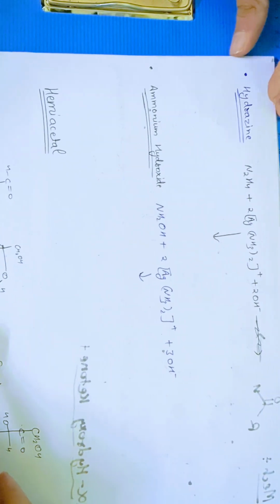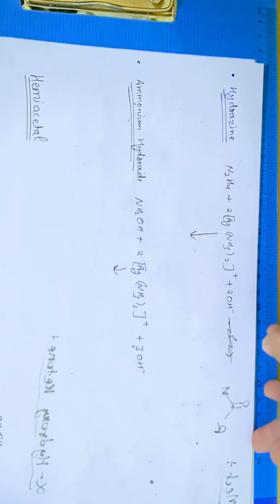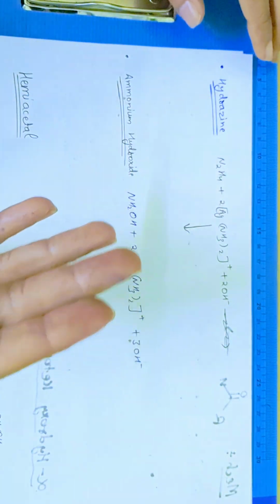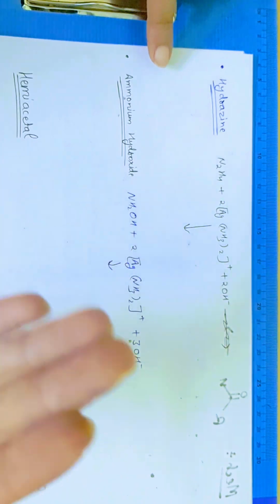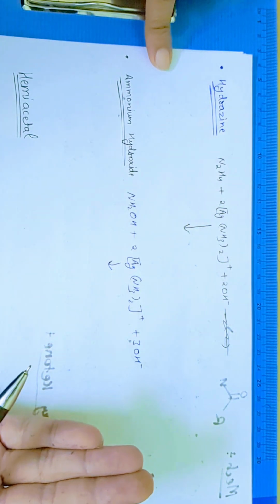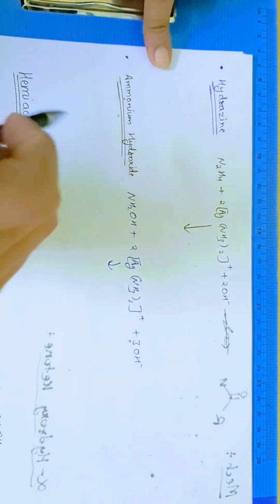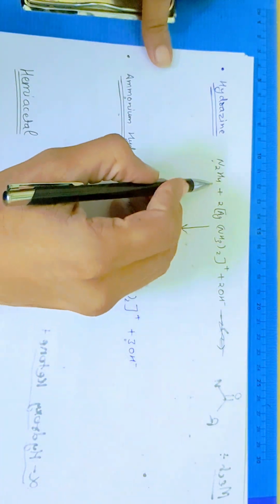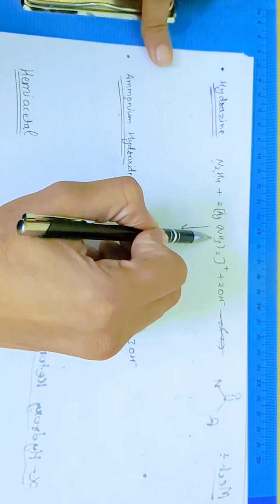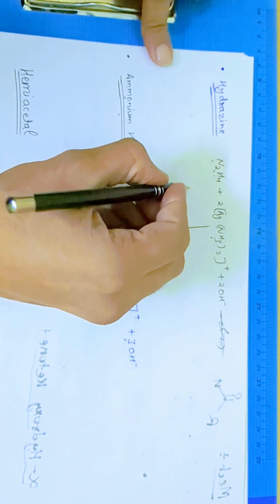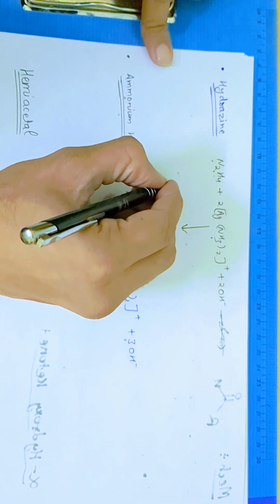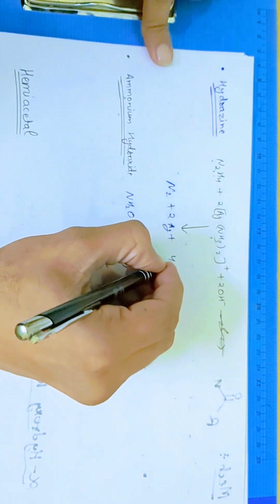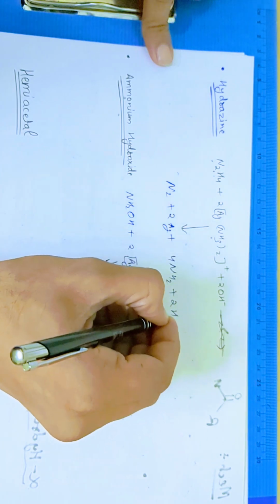That is hydrazine. Maybe you have some misinformation about the Tollens test, that only aldehyde or alpha hydroxy ketone give the positive Tollens test, but it is not true. Hydrazine also gives a positive Tollens test. Let's see how. When hydrazine reacts with 2 moles of Ag positive, it gives N2 plus 2Ag plus 4NH3 plus 2H2.